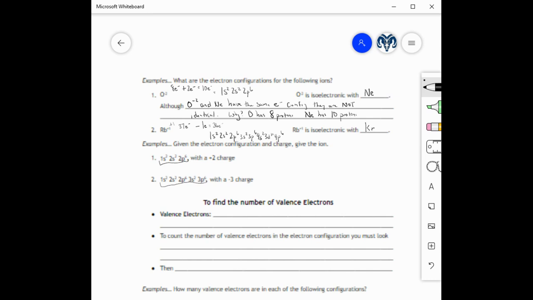That means I have lost 2 electrons. And so this is going to be isoelectronic with another atom. So let's look at 1s2, 2s2, 2p6. When I do that, that takes me to neon.